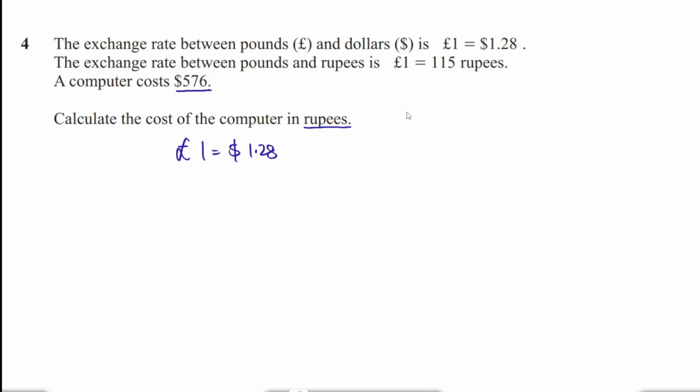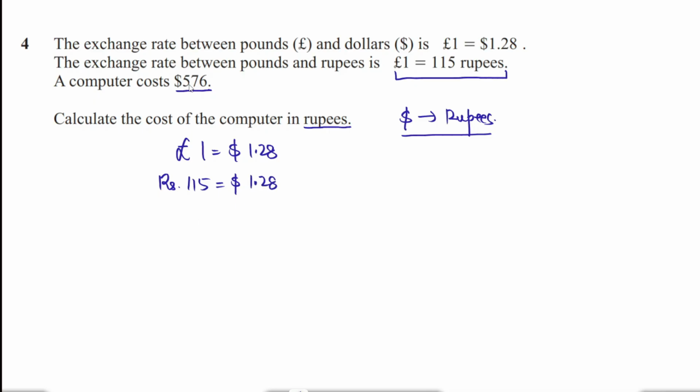Hence, we need to logically convert dollars to rupees. So the pound doesn't have any work here. So 1 pound is equal to 115 rupees. So wherever 1 pound is written, we can write the equivalent, which is 115.